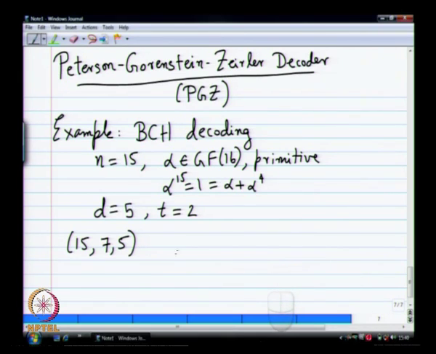What was the generator polynomial for this code? I think 87641. So x power 8 plus x power 7 plus x power 6 plus x power 4 plus 1. Okay, 15, 7, 5 code. This is the generator polynomial.